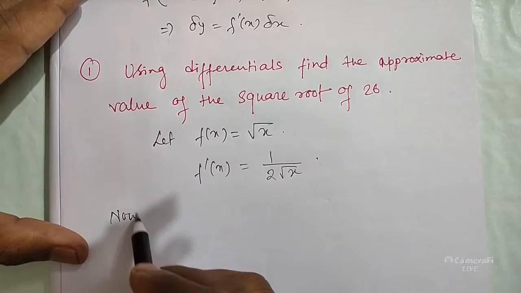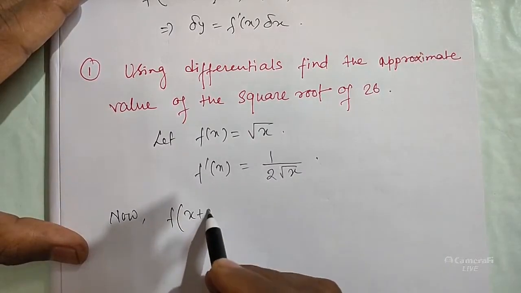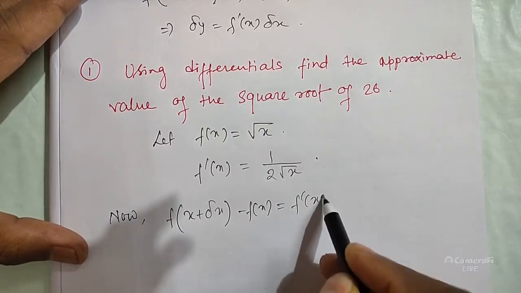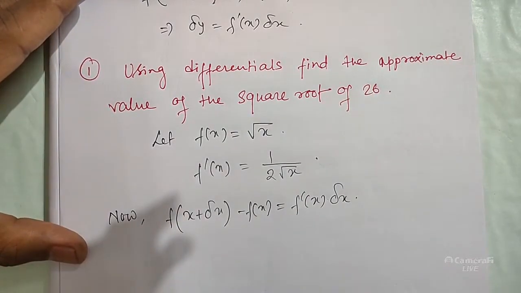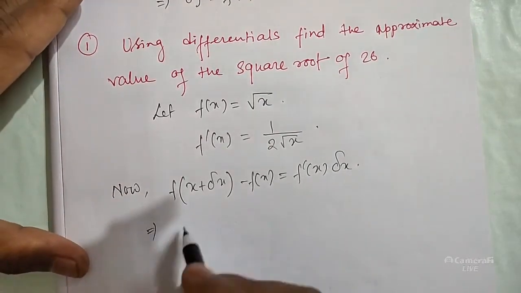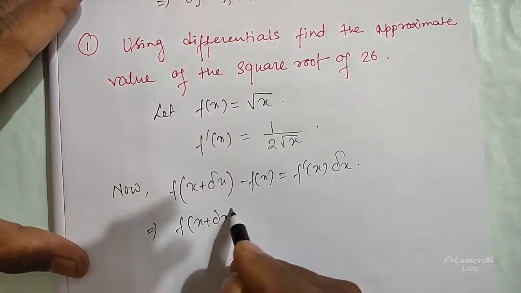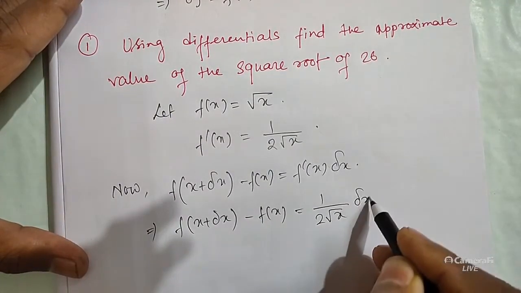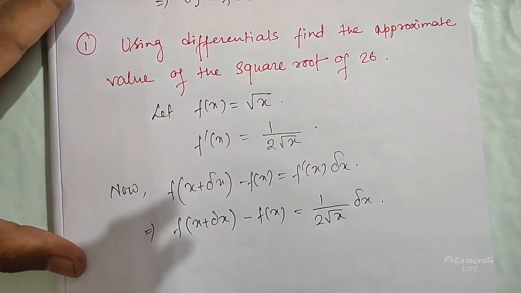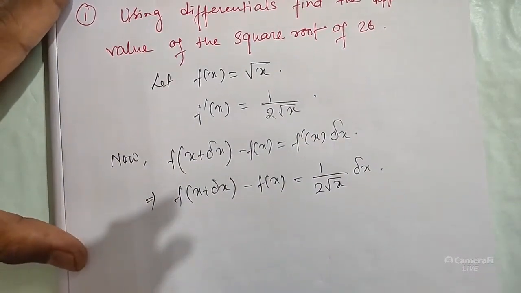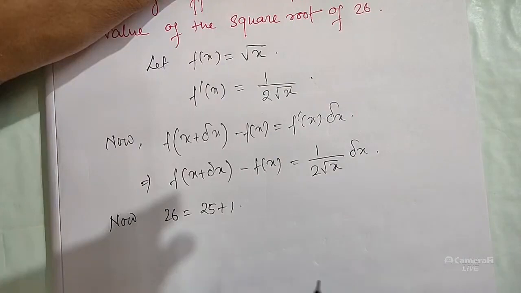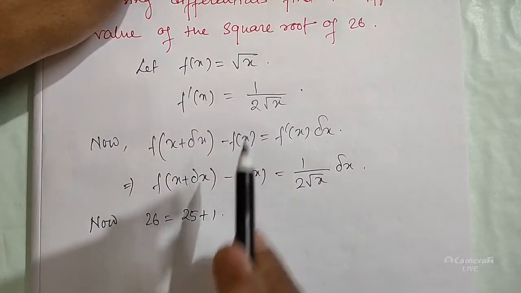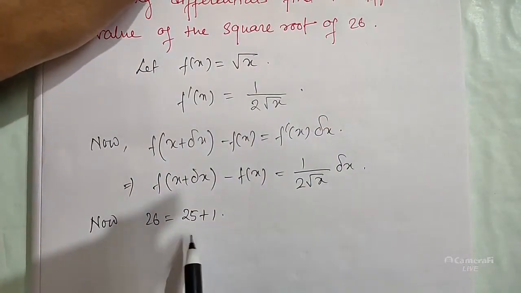Now if we apply the formula f(x + Δx) − f(x) = f'(x)Δx, we have f(x + Δx) − f(x) = 1 by 2 root x Δx, putting the f'(x) value. Now we have to choose a number that is very close to the given number and whose square root you can easily find.